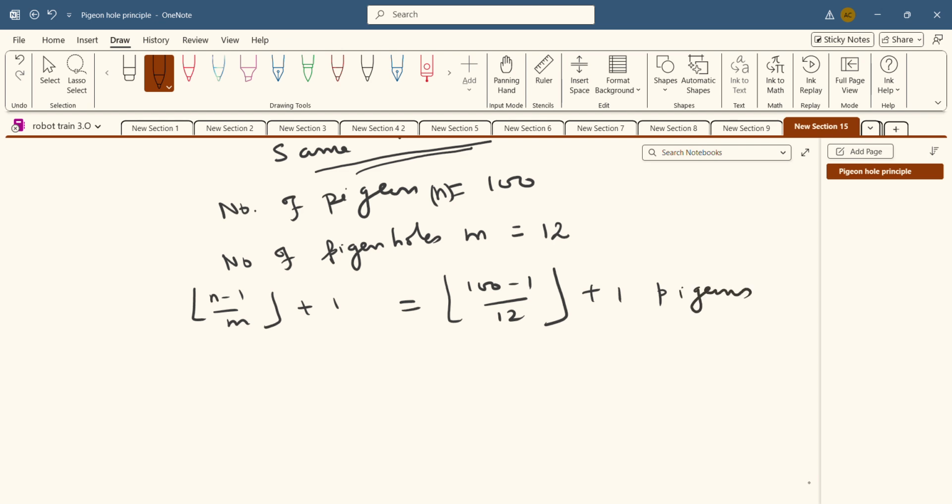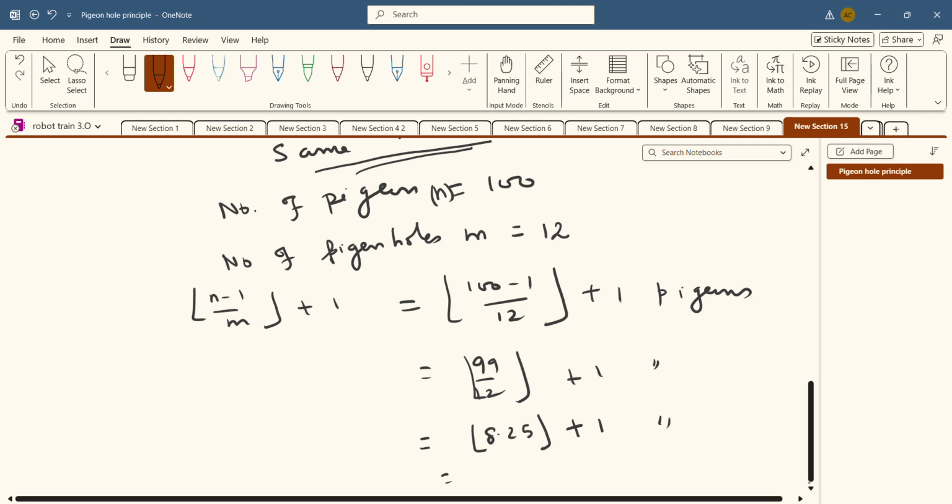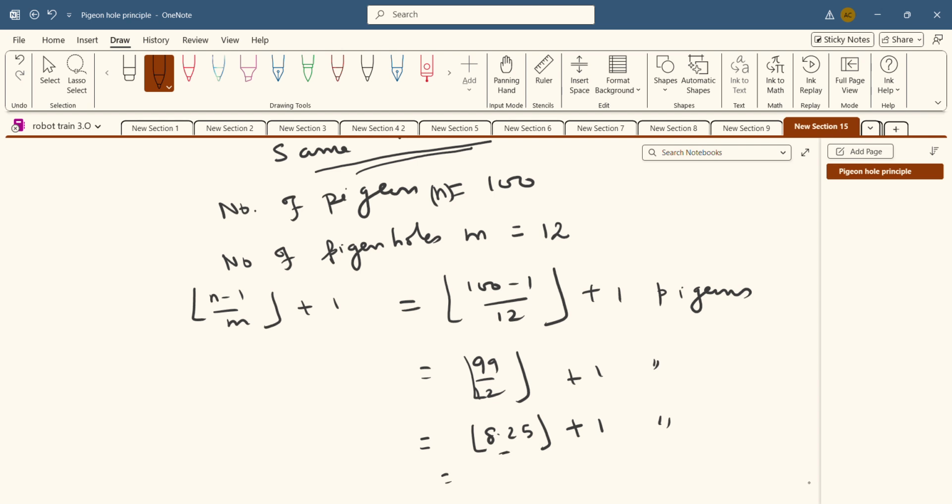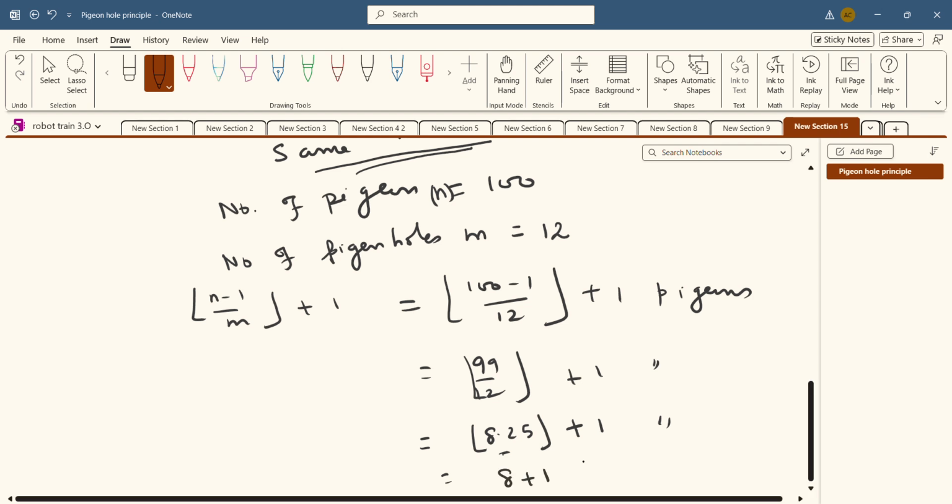100 minus 1 is 99, divided by 12, floor, plus 1 pigeons. 99 divided by 12 is 8.25, so 8.25 plus 1. The floor function is the greatest integer less than or equal to this number, so the answer is 8. 8 plus 1 is 9.